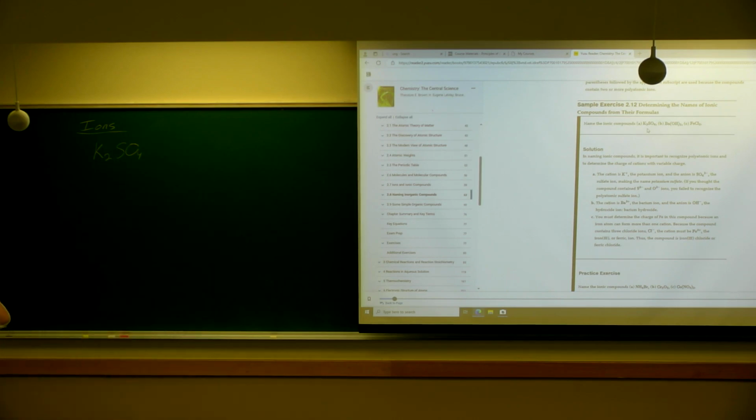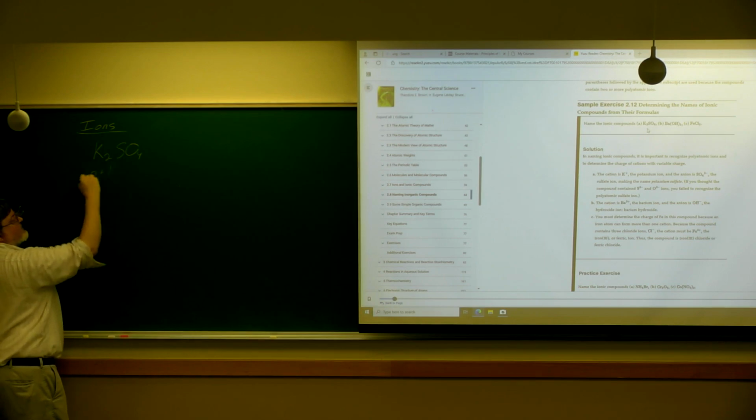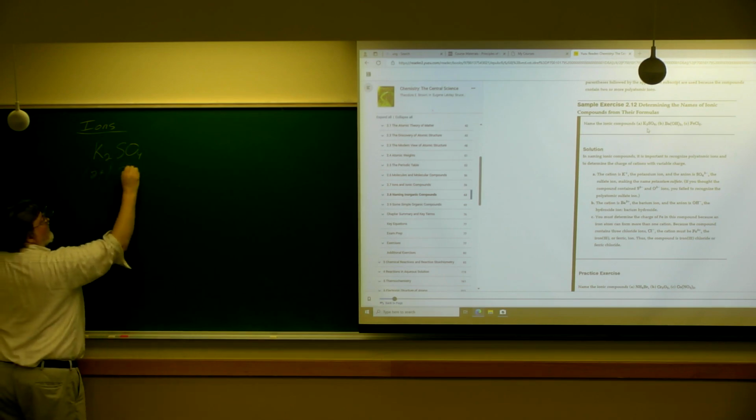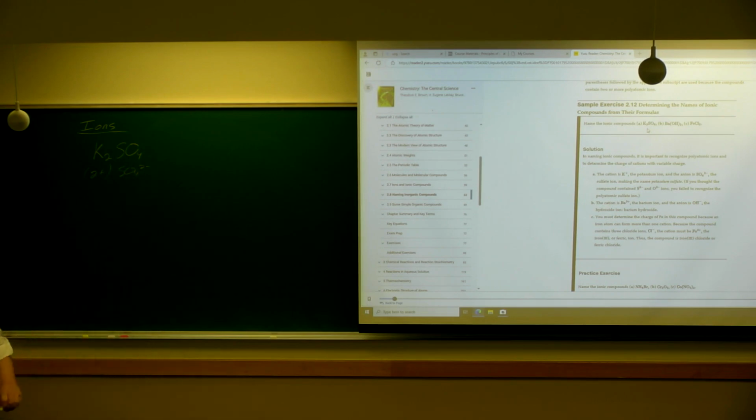Could you infer the charge on sulfate just looking here? What's the charge on potassium? It's on the far left. So how many positive charges are here? You've got 2 potassiums, so you got 2 plus coming from the positive side, and the SO4 then is 2 negative. So you can infer that charge.